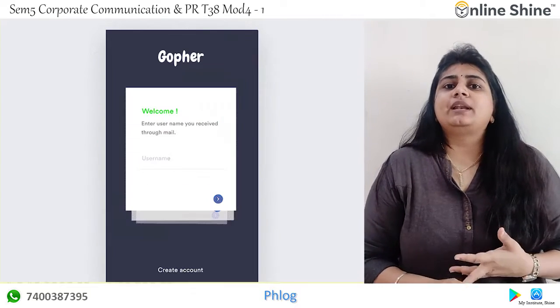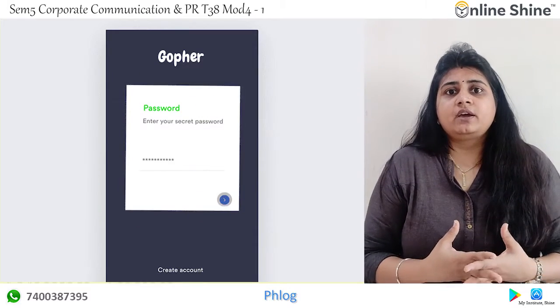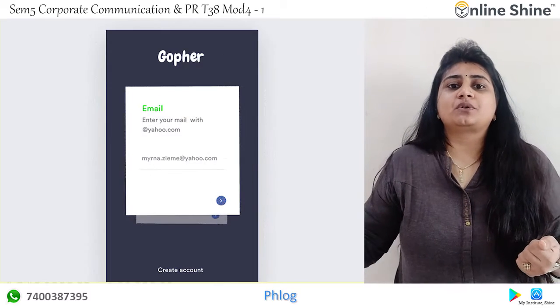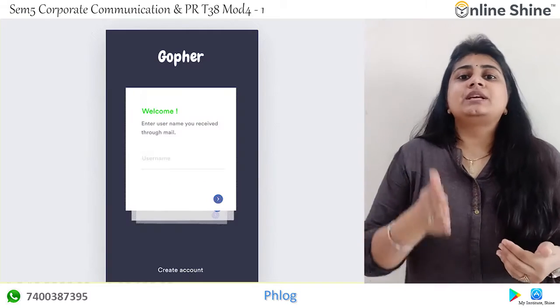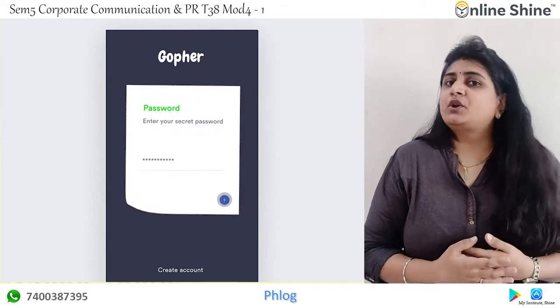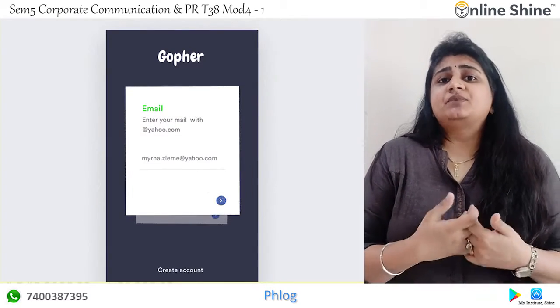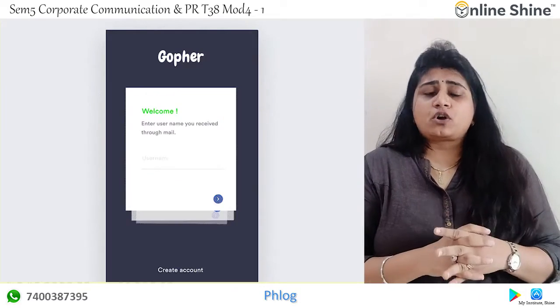Now Gopher protocol is again an app or an application where you have to register and only then you are able to post certain content on it, and people who are using this app will have access to your information. If they are not on this app, they cannot access this particular information. So under media type, these are the 7 kinds of blogs that we talk about.